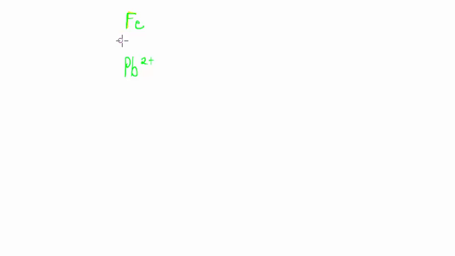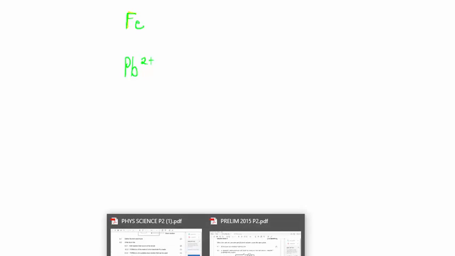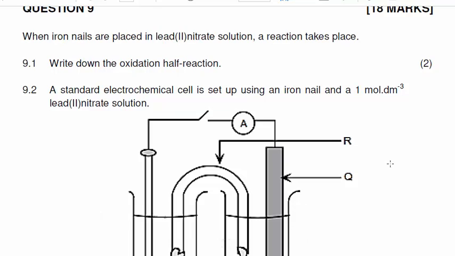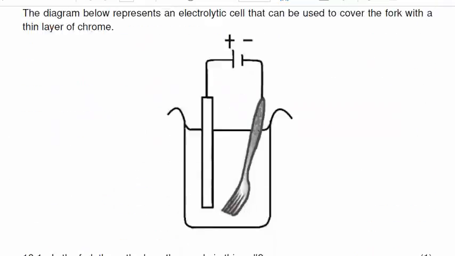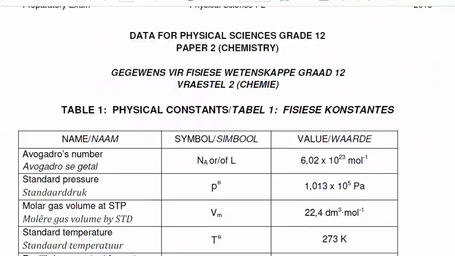Well, let's actually just first see, we've got iron and we've got lead. That's now in reaction here. So let's see which one has the better ability to get electrons from the other one. So we go to our table.